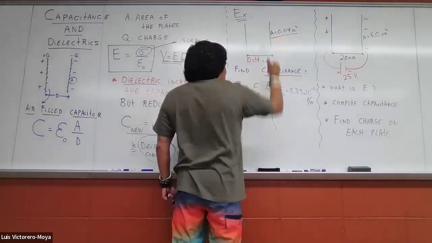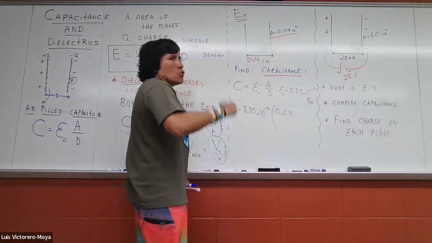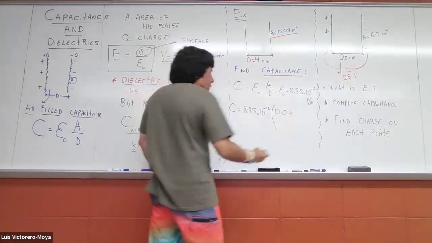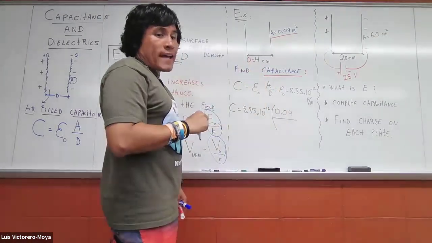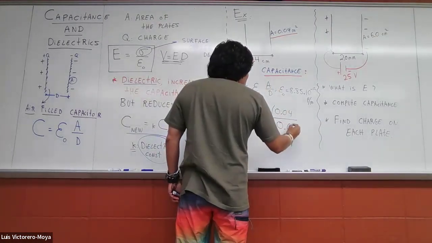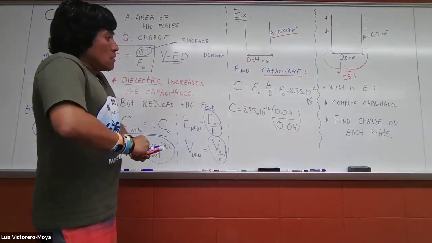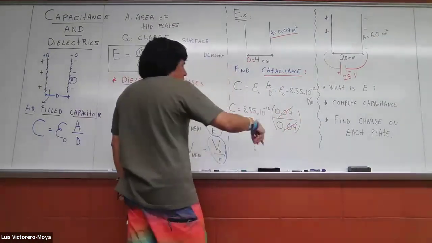The area is already in meters squared. So you have to write the area in meters squared divided by the distance, 4 centimeters, 0.04 meters. Well, value-wise, they are the same.